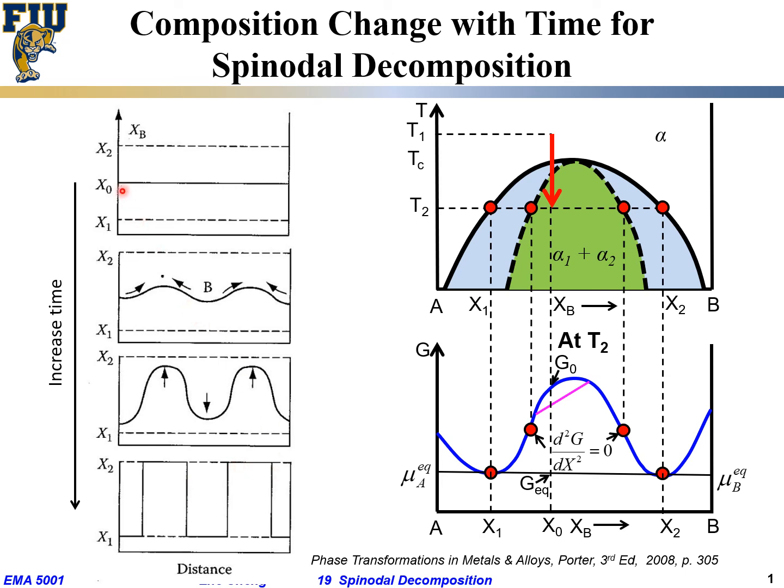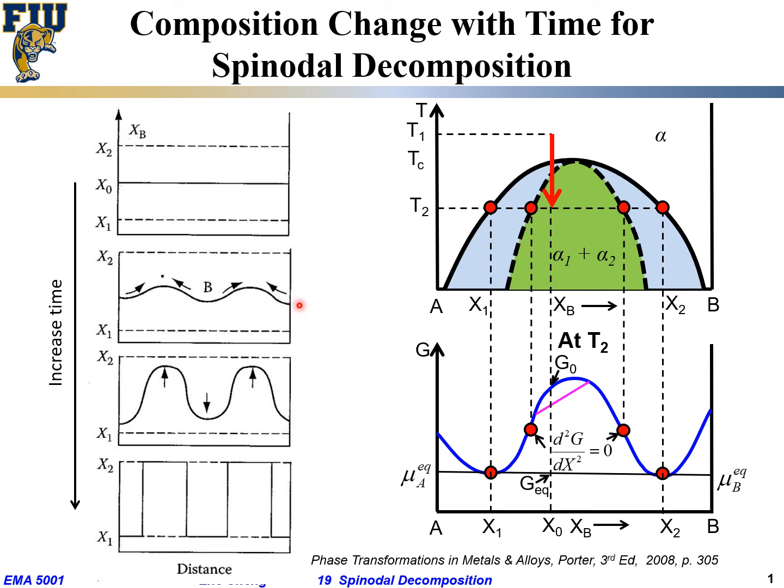From initial uniform composition, the moment that I just quench here, everything alpha, uniform composition, to small fluctuation, greater fluctuation, to distinct interface. Only probably around here you can start to see, wow, that's an interface between these two regions.